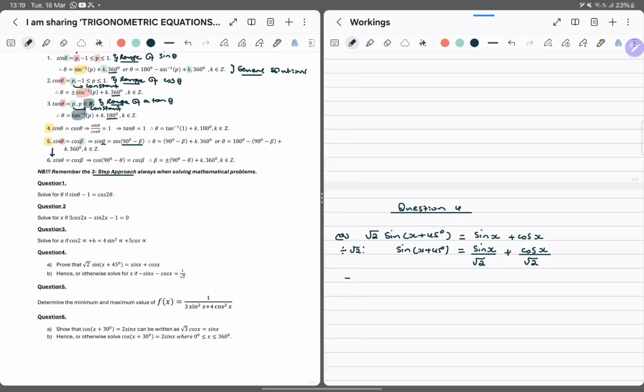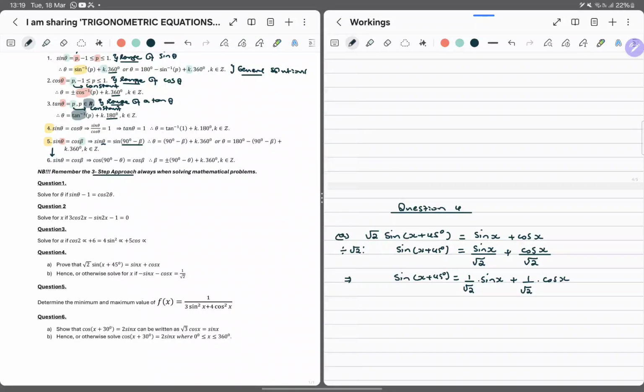Now, we can see this situation here is nice like this, so there's no need to manipulate it. This is equal to, we factor this out, it's going to be 1 over square root 2 times sine x plus cos x. It's nicer when we do that. We factor out the root 2 there, because it's on the denominator, it's going to drag a 1 on top.